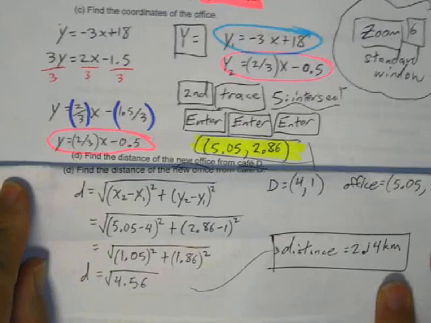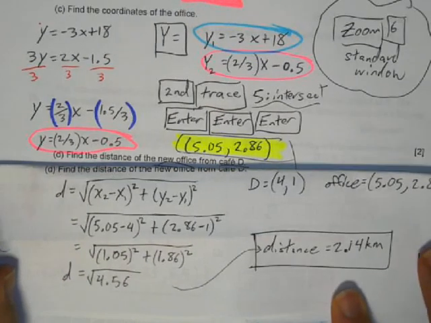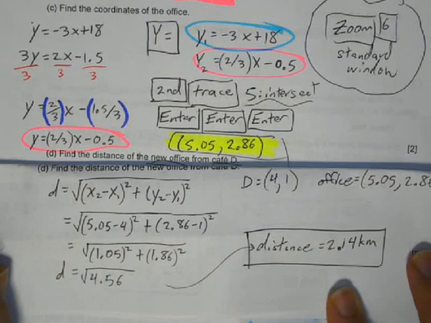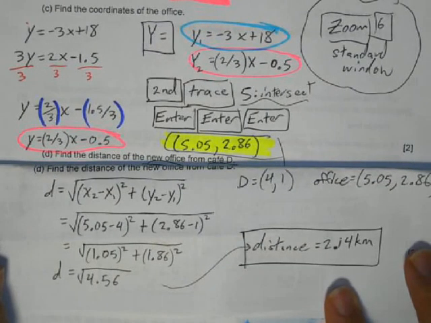I've plugged in those two points, and there's my distance. You might want to hit pause to copy this down, and I'll do the other questions in a second video.